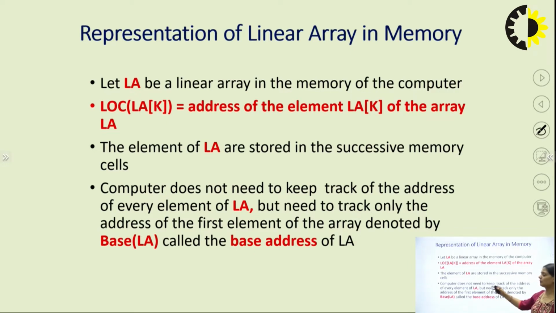The computer needs to track only the address of the first element of the array, denoted by the base address of LA, that is Base of LA. If it is starting from 0, then the 0th element address is called the base address of the linear array.